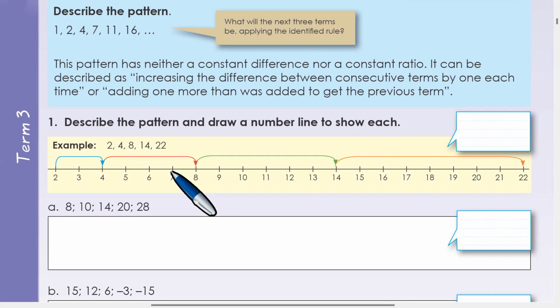What difference are we adding, if anything? So we're not adding anything. But there's an increase, because 2 becomes 4, and then 8, it becomes 14, 22. There's an increase, but how do we describe it?